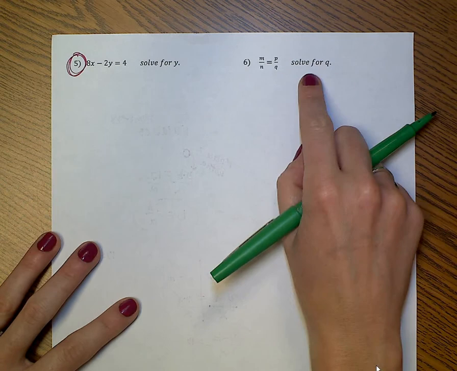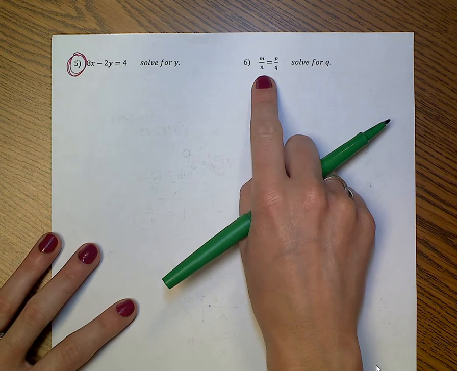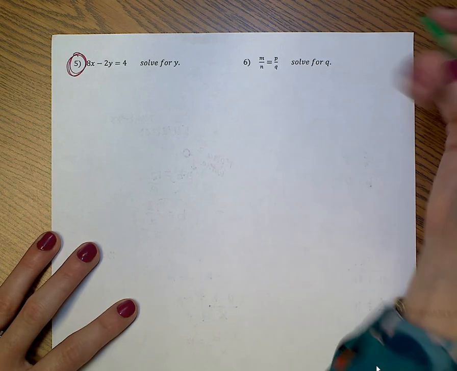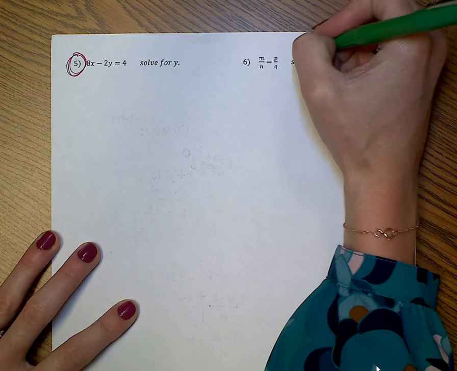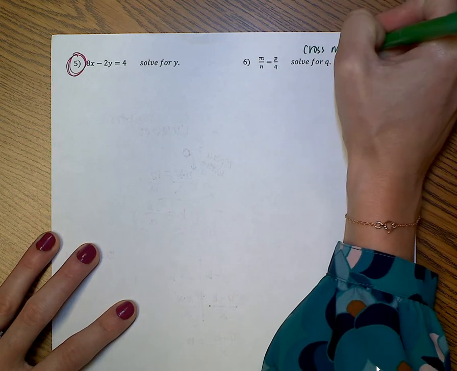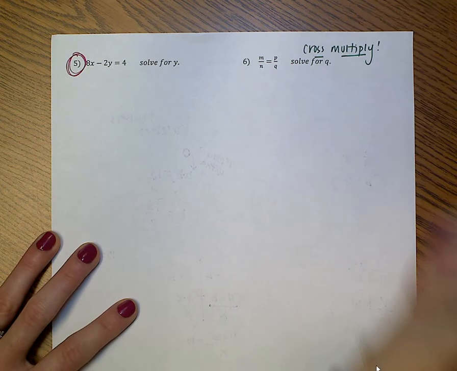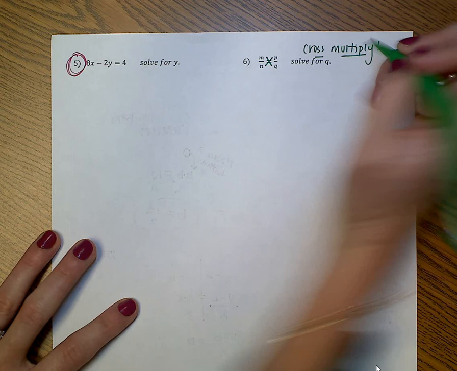This one, I want to solve for q. I hope you recognize that this is a proportion. So if you have a proportion, a fraction equals a fraction, remember that you can cross multiply to get rid of fractions, which is what I would do first, because if it's not fractions, it's going to be a whole lot easier.